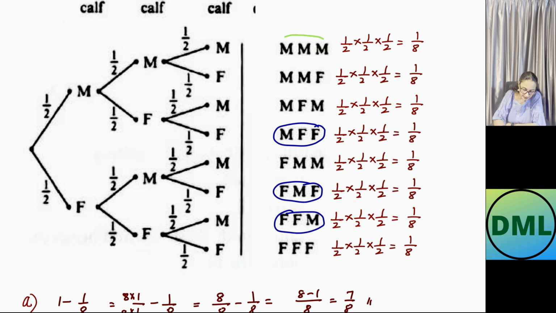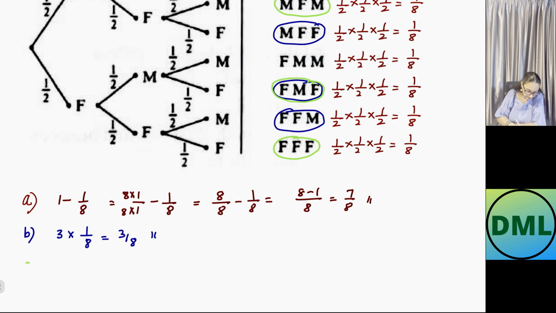First and last is the same here, here, here, and here. How many options do I have? I have 4 options: 1, 2, 3 and 4. So my answer will be 4 multiplied by 1/8. My C part will be written as 4 times 1/8, which equals 4/8. That will be your answer.